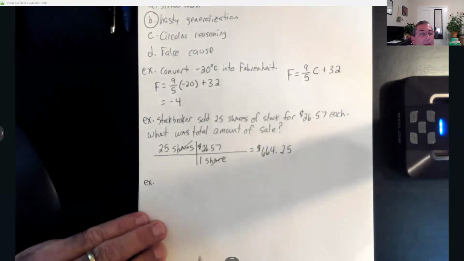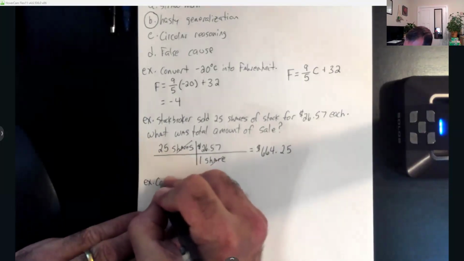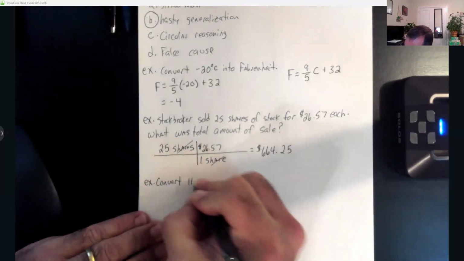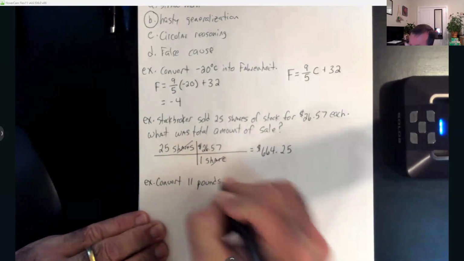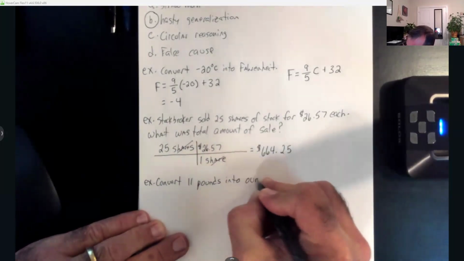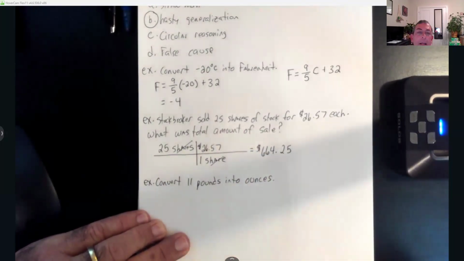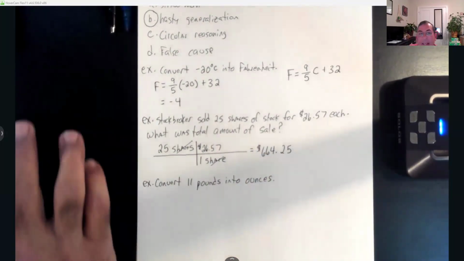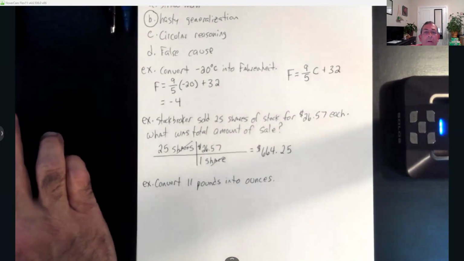All right, this one says convert a weight of 11 pounds into ounces. And then once again, they're telling us there's 16 ounces in 1 pound.